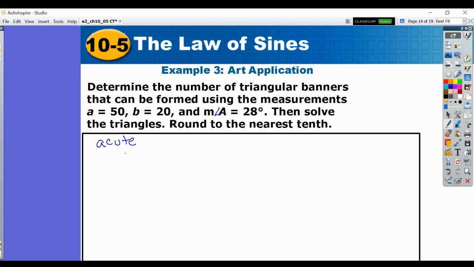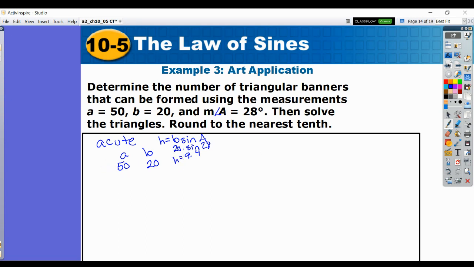I know a is 50 and b is 20. Let's go ahead and find out what h is right now before we even go look at the chart. So b is 20 times the sine of 28. 20 times the sine of 28 is 9.4. Make sure you're in degree mode. h is 9.4.